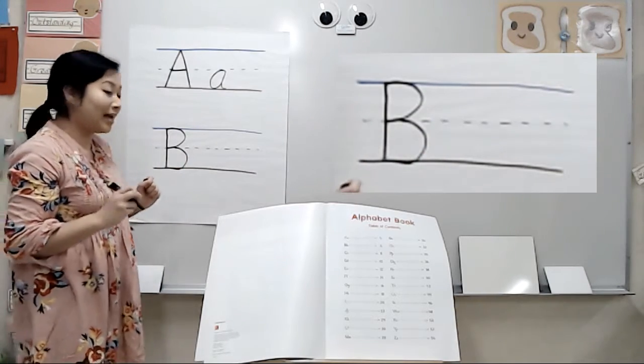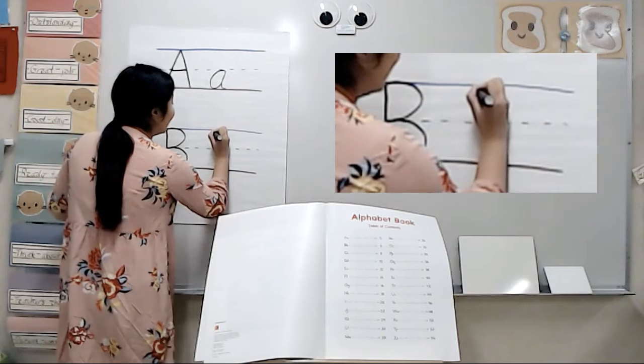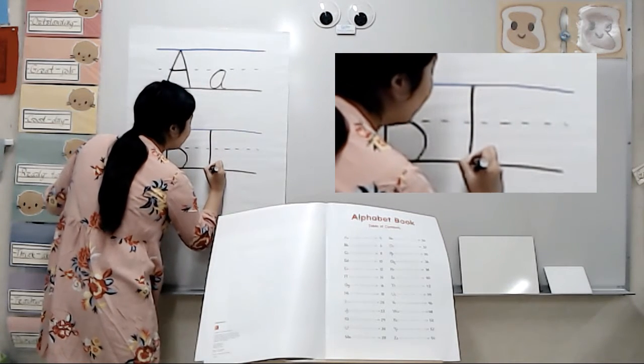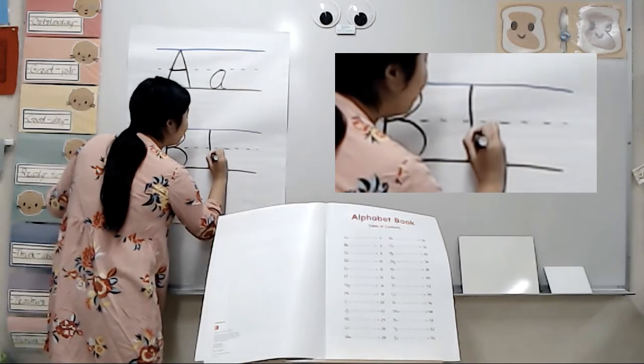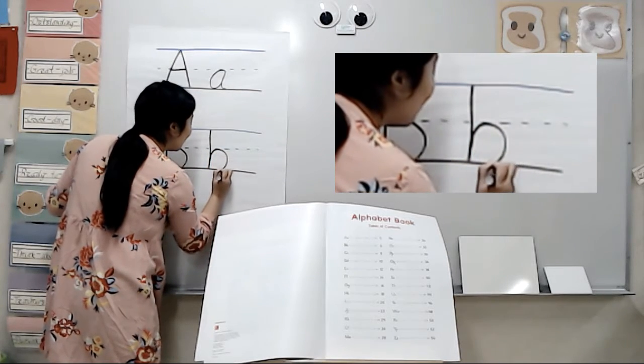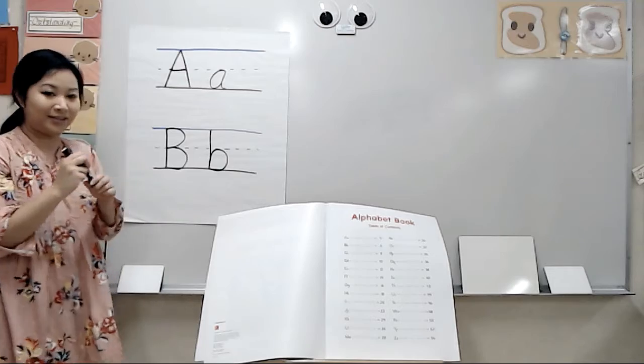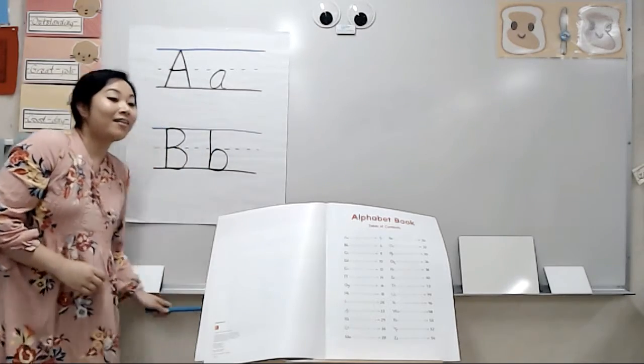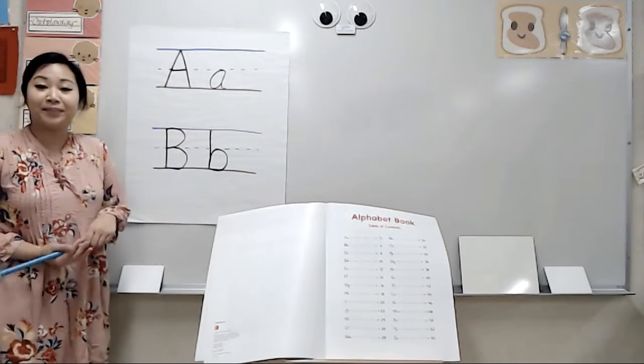For lowercase b, I start in the sky, down to the ground, slide up to the grass, bubble around. All right, my friends, and again, this is the letter B.